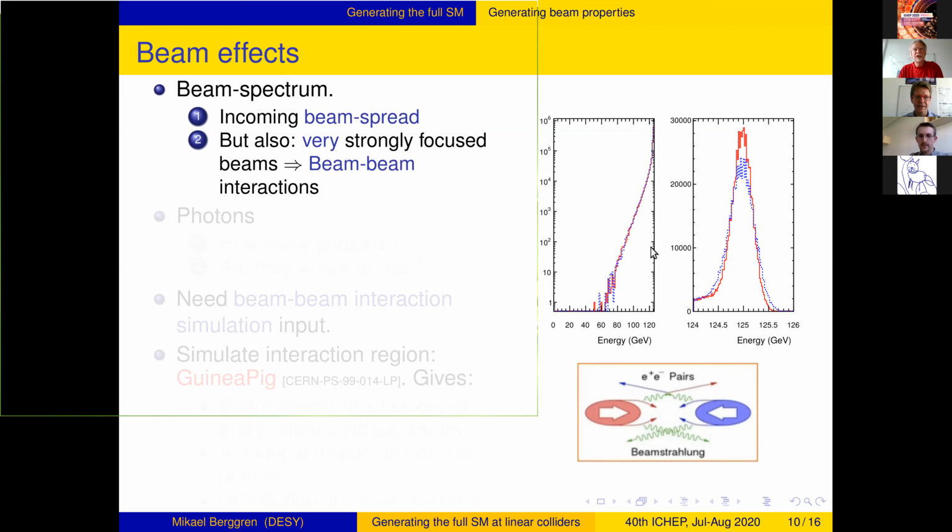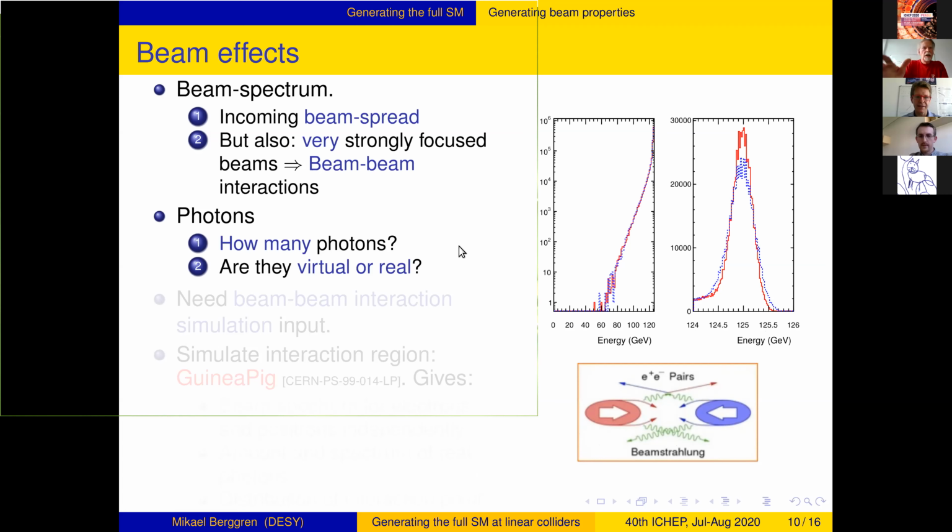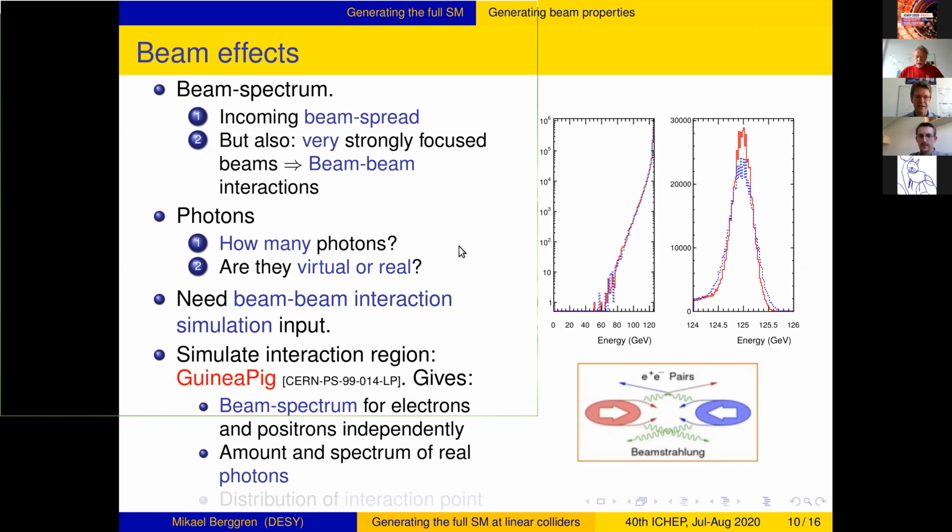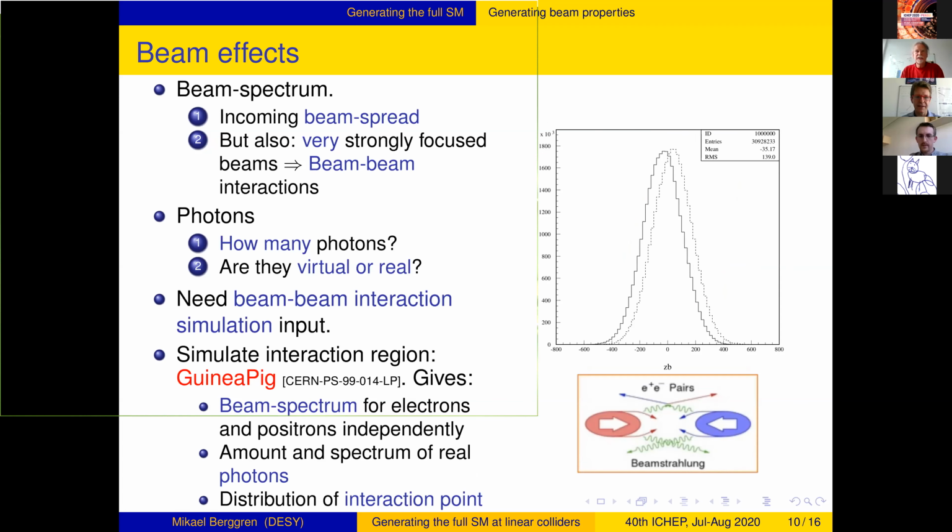So this tail is created by the beam-beam interactions. You also produce photons in the beam-beam interactions, so this we also have to know. So we need to integrate a beam-beam simulation into the system, and this is done with Guinea-Pig, which supplies us with the spectra and the amount of photons, and it also shows us the distribution of the beam spot illustrated here.